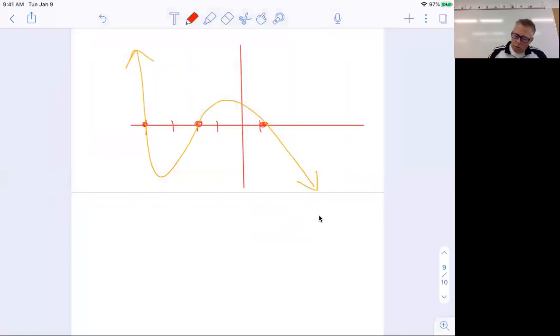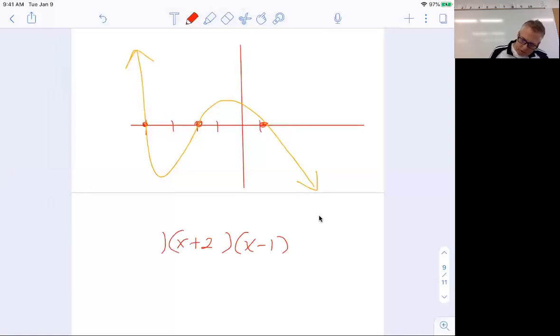Now remember, I know that 1 is a root. If 1 is a root, that means that x minus 1 is a factor. Kind of like what we were talking about when we were factoring before. If -2 is a root, that means that x plus 2 is a factor.